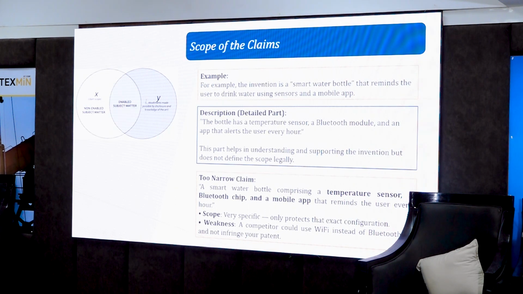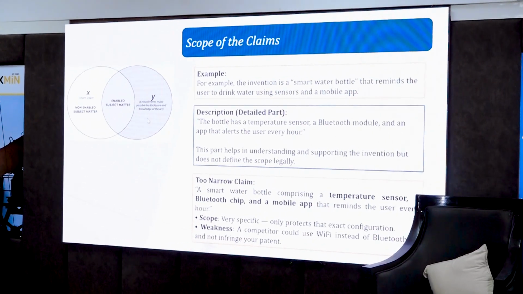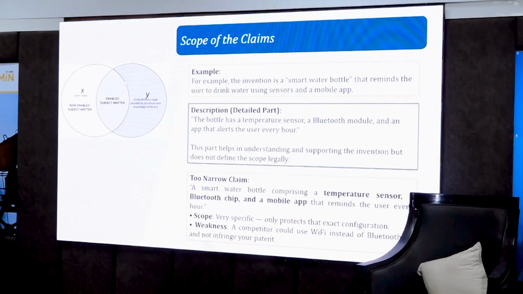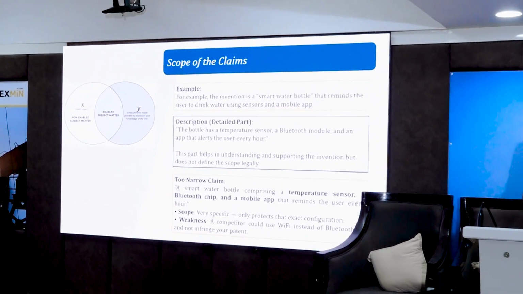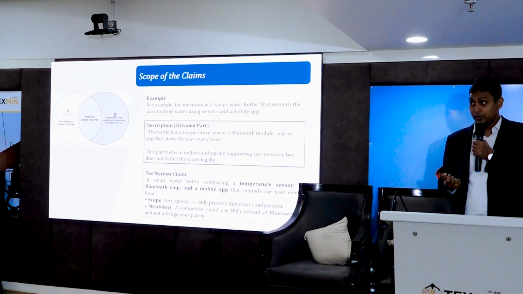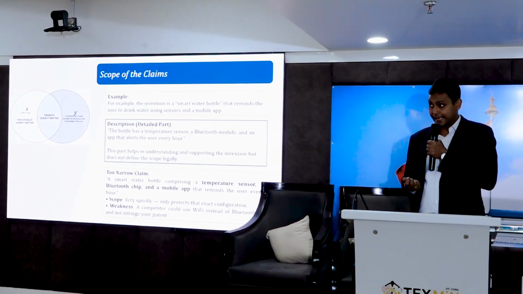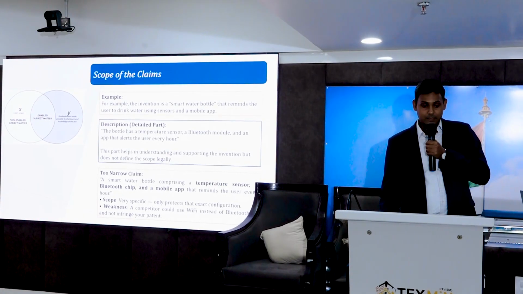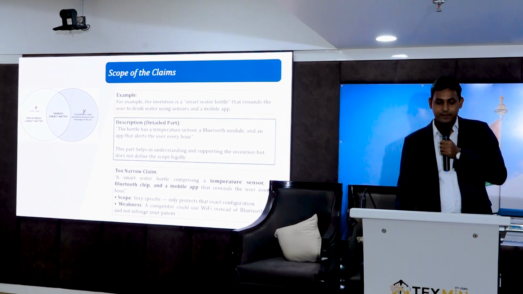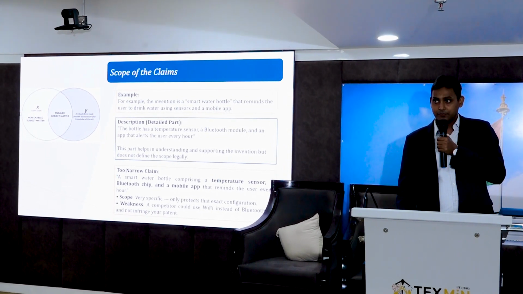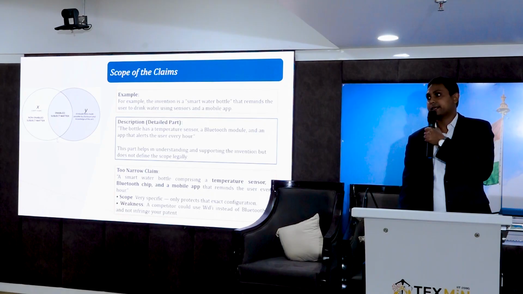There is an overlapping section, correct? This overlapping section is the enabled subject matter. That means by seeing the prior art document Y, it will enable this common section. There are a few sections which are not common, that is unique for your new invention X, right? So this white portion, the non-enabled subject matter, is the core inventiveness of your invention. If that is present, then you will get the patent granted.